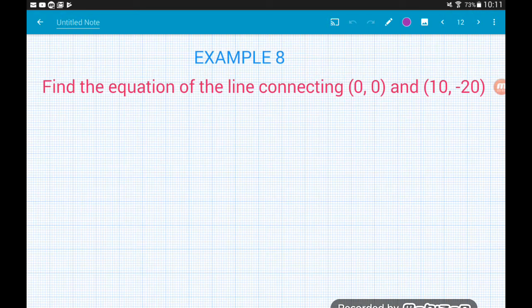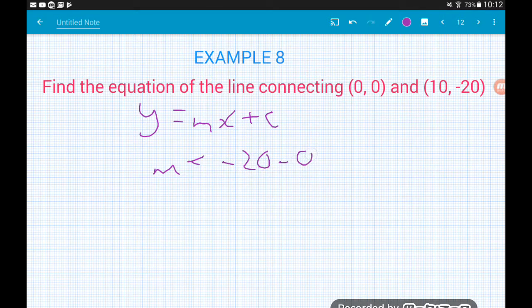Okay, example 8. Find the equation of the line connecting (0, 0) and (10, minus 20). So, again, we need to find the gradient first of all. So, m. Now here I'm going to do minus 20 minus 0, the difference in our y values, divided by 10 minus 0.